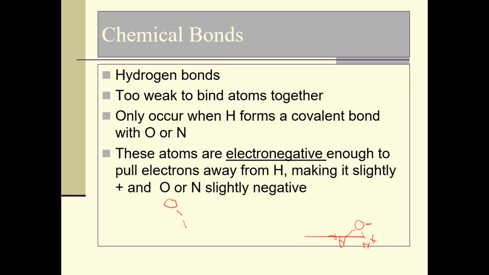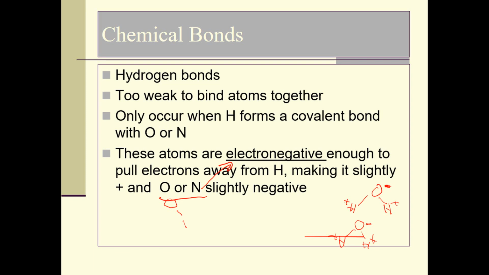So hopefully you guys are all right with why oxygen is negative and hydrogen is positive, right? Because of that electronegativity. So if hydrogen is bound to either oxygen or nitrogen, because again, these two are the ones that are electronegative, this is the situation that we're going to see. But in a glass of water, there are millions of water molecules. So this is negative, this is positive.